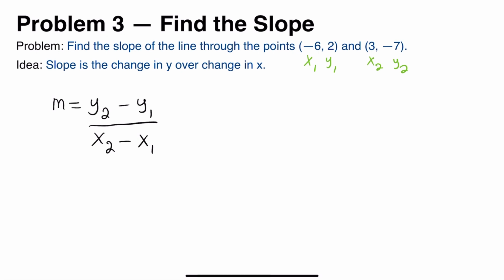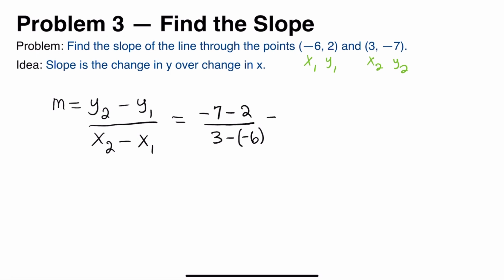And of course, we have our change in y, which is -7 minus 2, over x sub 2 minus x sub 1, 3 minus -6. Be careful with this. Make sure you enclose that in parentheses, -6.